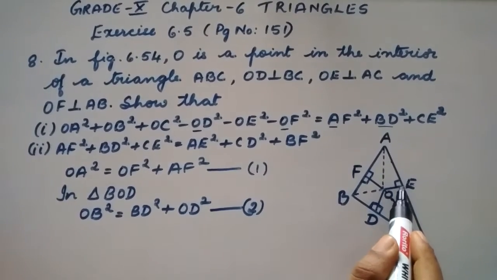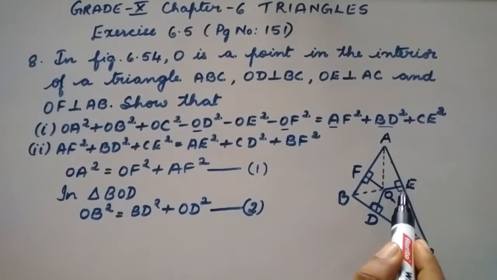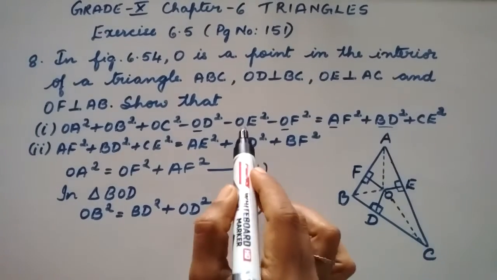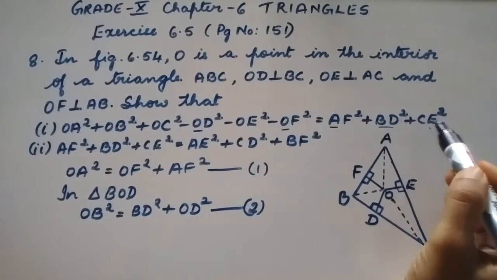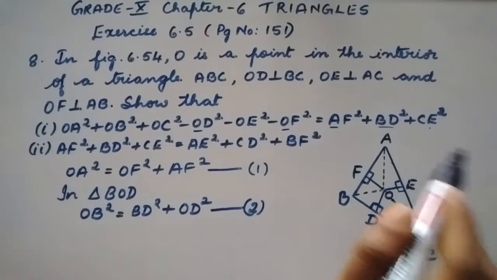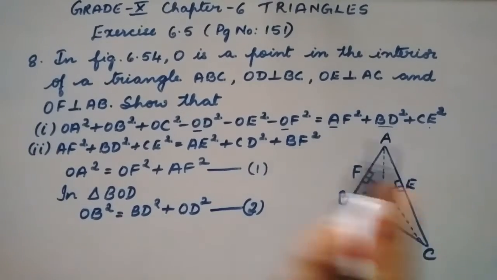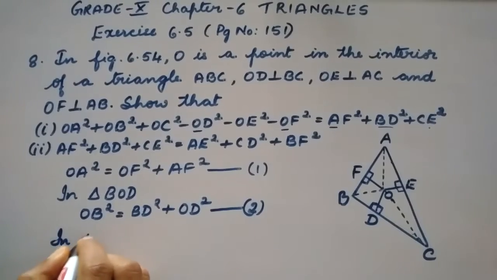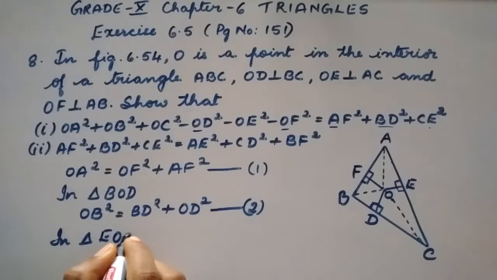So here we have angle E which is equal to 90 degree and OC is the hypotenuse and the other sides are OE and EC. So we find here OE and EC, that is CE and EC are one and the same. Okay, so let us consider this triangle, that is in triangle EOC.